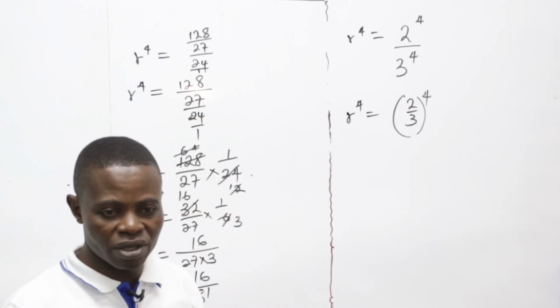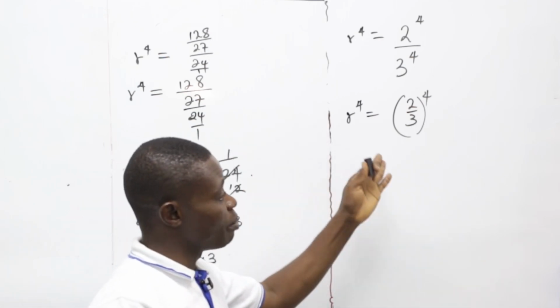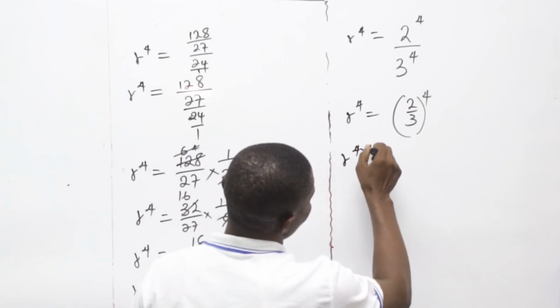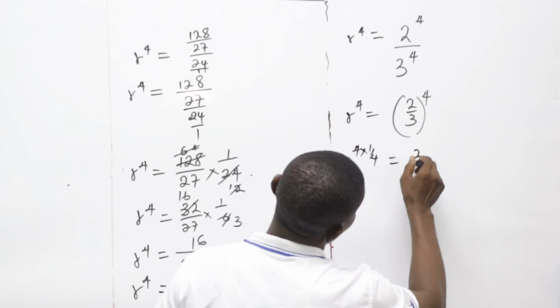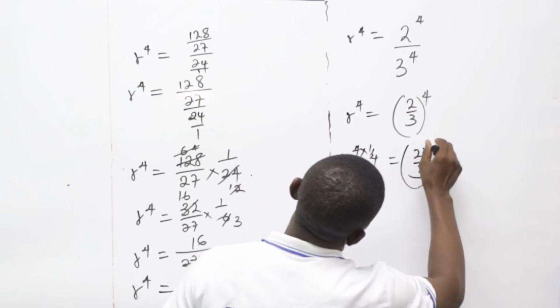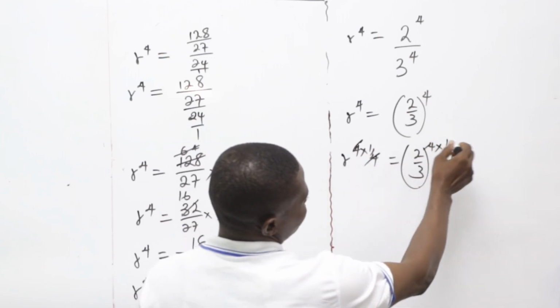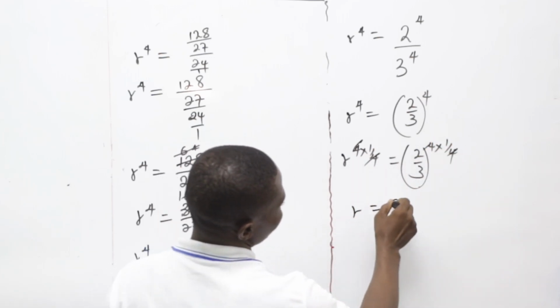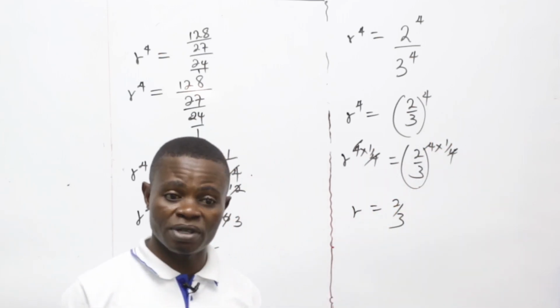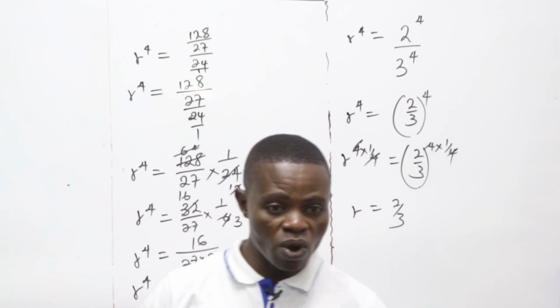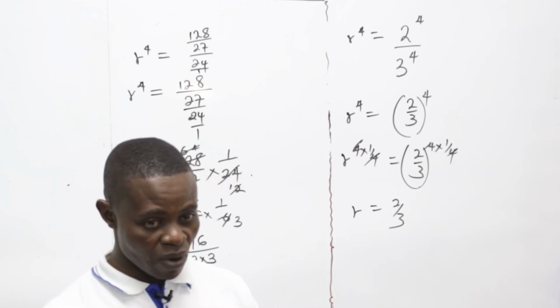You don't need your calculator, please. So R power 4 multiplied by 1 over 4 equals 2 over 3 power 4 multiplied by 1 over 4. Simple as ABC. Look at it. Just easy. R equals 2 over 3. Am I pressing anything? No. So the common ratio is 2 all over 3.